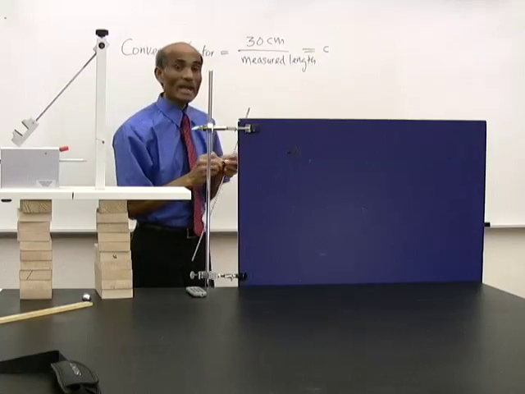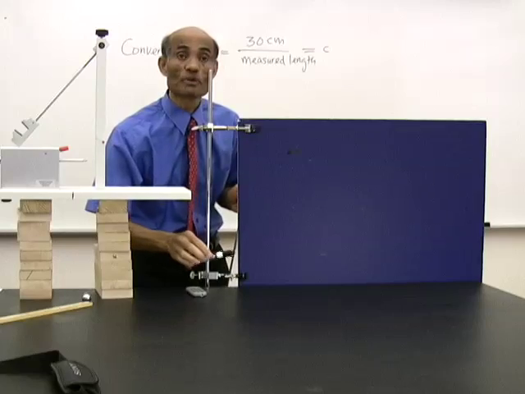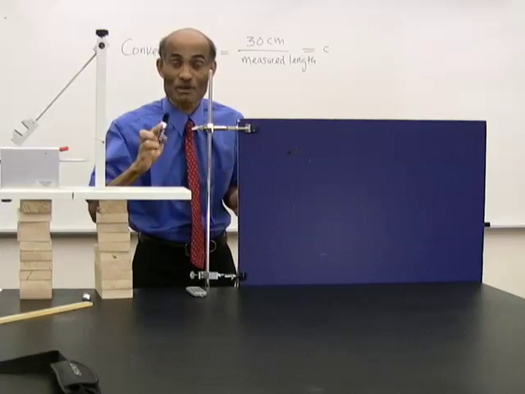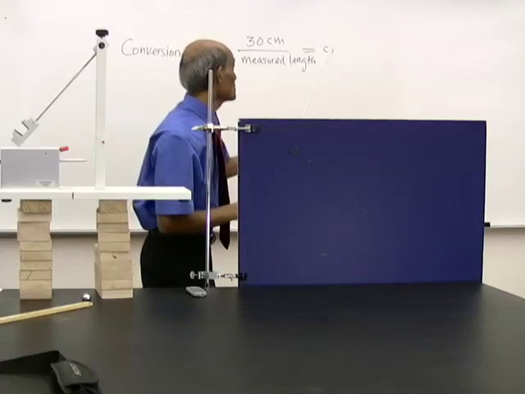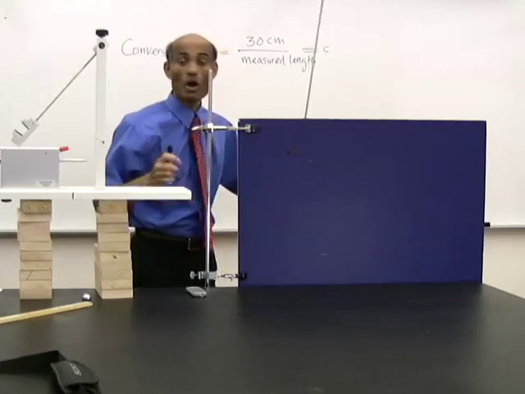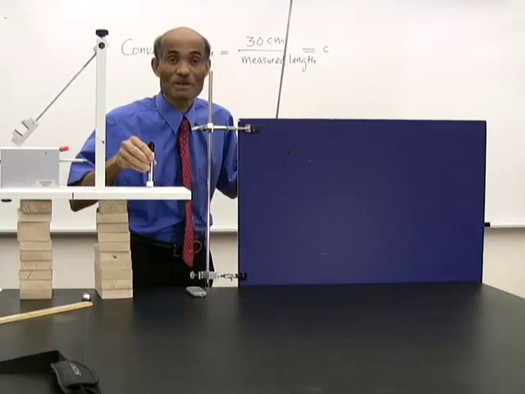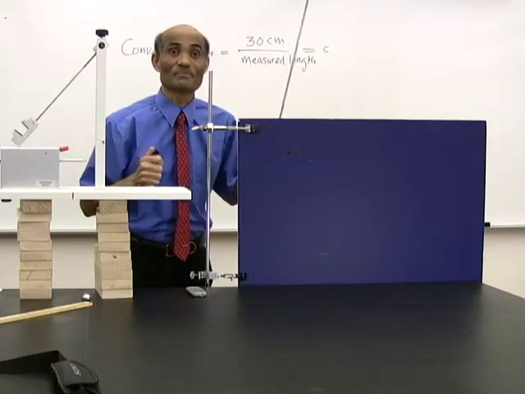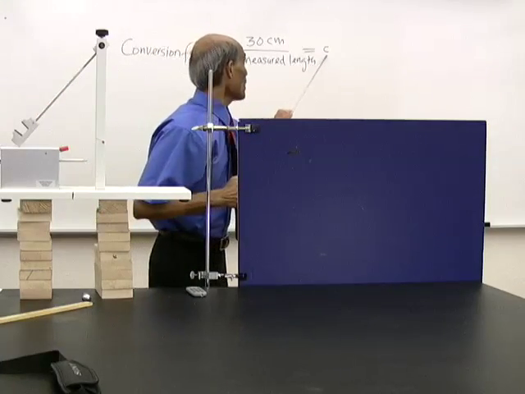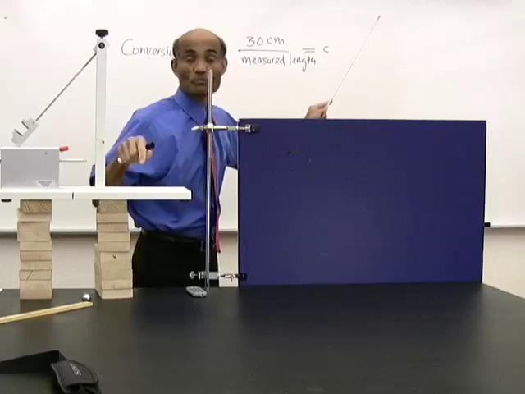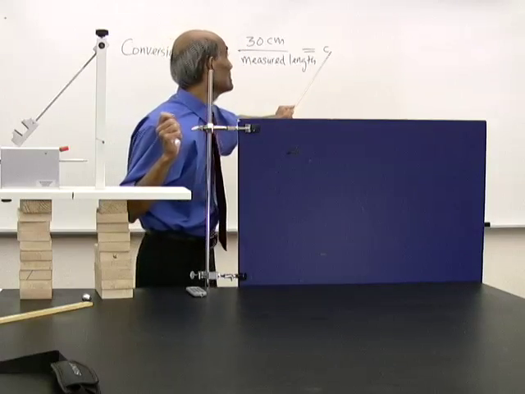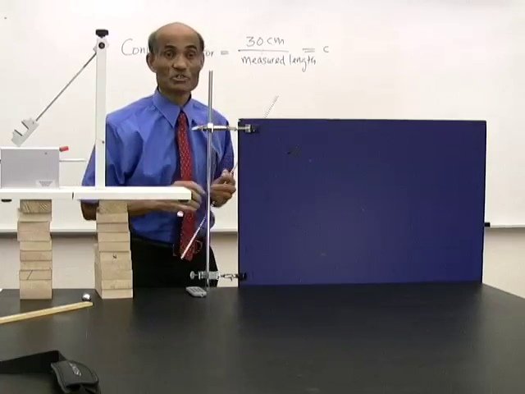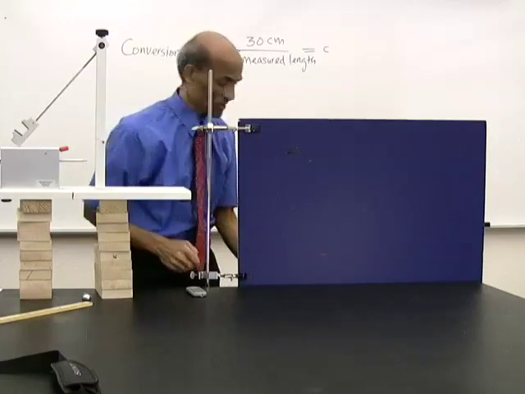That means any measurement that you do from now on the computer screen for this part of the experiment, remember, this conversion factor is valid only for this part of the experiment. For the next part, we will have another conversion factor. So all the measurements that you do for this part of the experiment will be multiplied by this conversion factor.